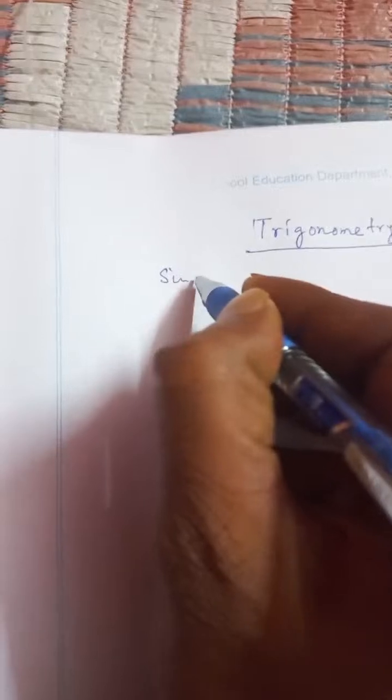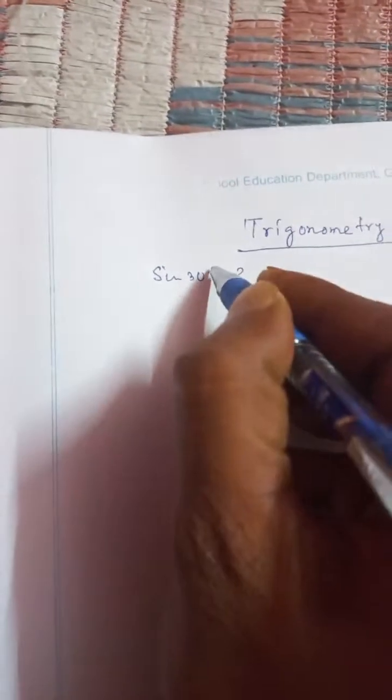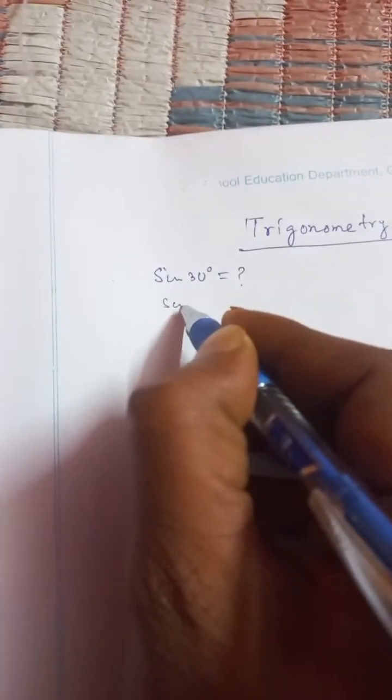Hello students, today I will discuss trigonometry. I will try to find out the sine 30 degrees value and the sine 60 degrees value.